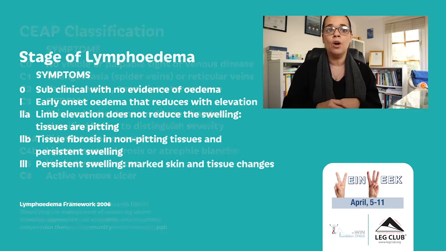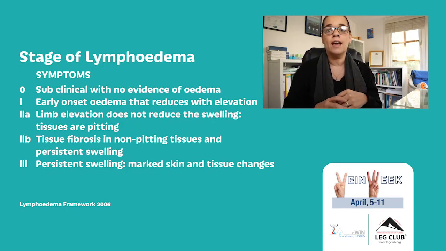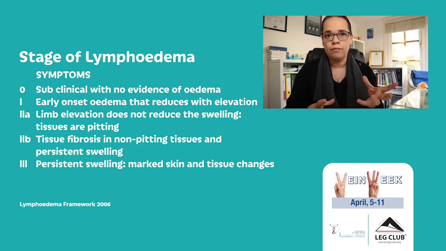In lymphedema, we relate this to the ISL stages for lymphedema, which again is a classification system that allows us to look at symptoms from no clinical signs of evidence of edema to early onset to persistent swelling that has marked skin changes and tissue changes. We have to recognise the role that inflammation is playing in both of these symptoms where you have venous disease and chronic edema.